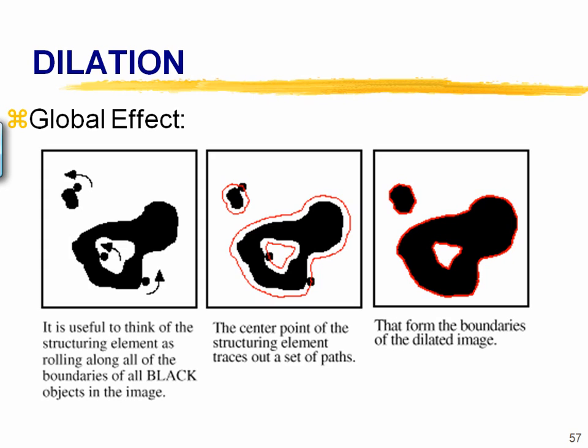The ball rolls around, and wherever the ball covers the region, that's the increase in the size of the object. So I would take this ball, roll it around, and everything outlined as a red boundary would become the new shape or size of the region. You would get a result that looked like that. Make sense?